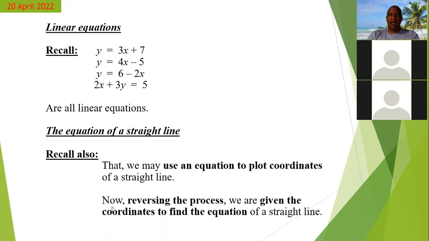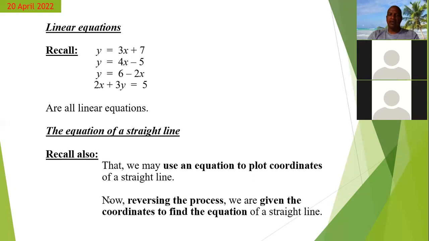So in the first instance, we use the equation to plot the coordinates of a line, and then we draw the line. But let's say now that we know some coordinates of the line. Would we now be able to use those coordinates to find the equation of the line? And so that's what we'll be doing, at least in this section of coordinate geometry.